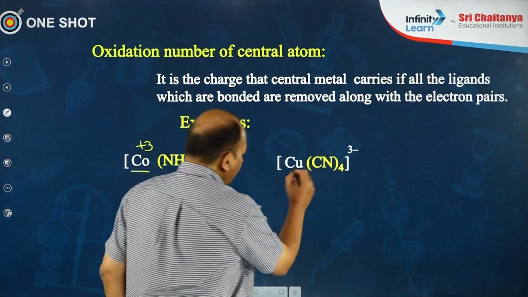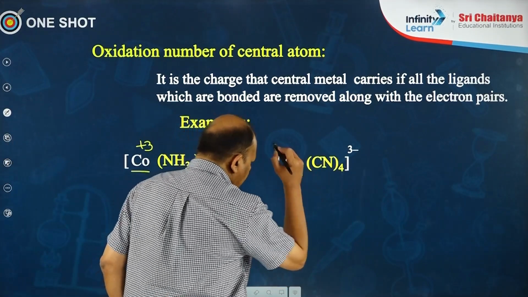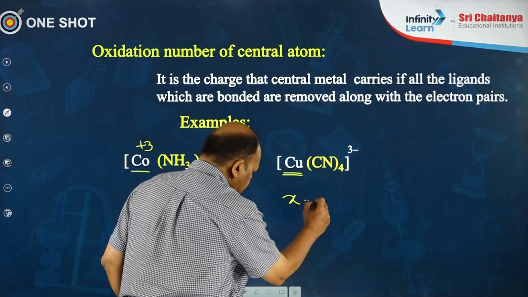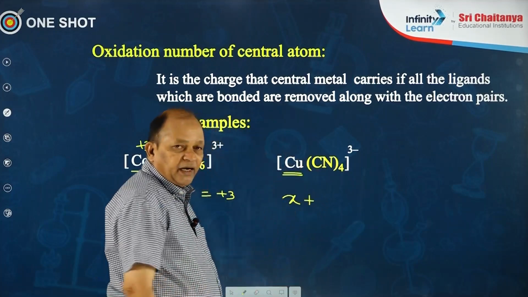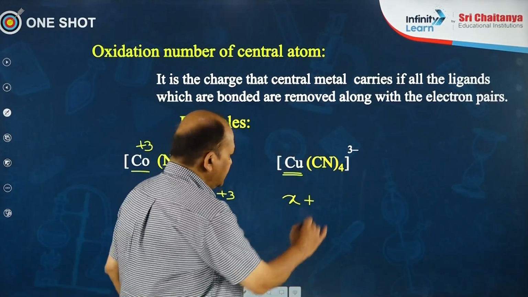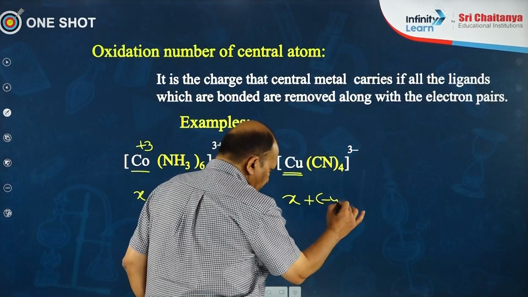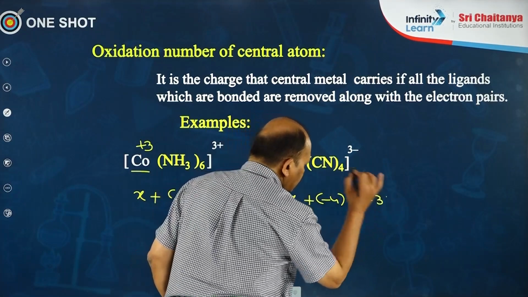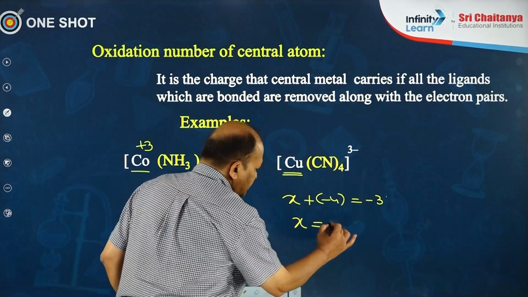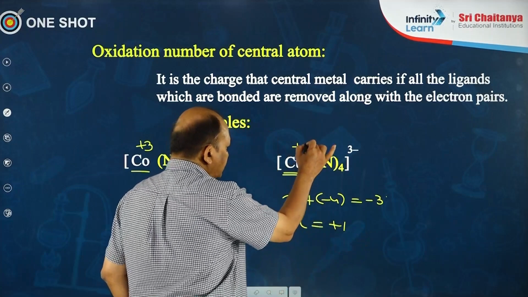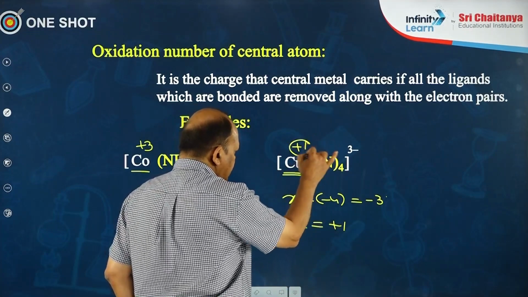Another example: we want to calculate the oxidation state of copper. X plus each cyanide ion will contribute 1 negative charge, so into 4, -4, is equal to -3. So, X is equal to +1. Therefore, the oxidation state of copper is +1.